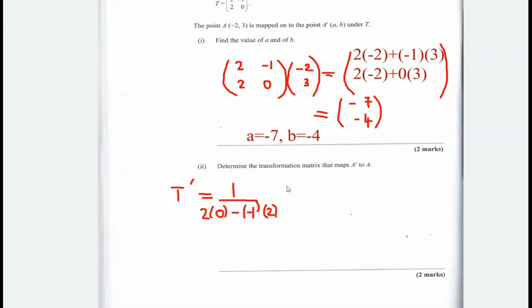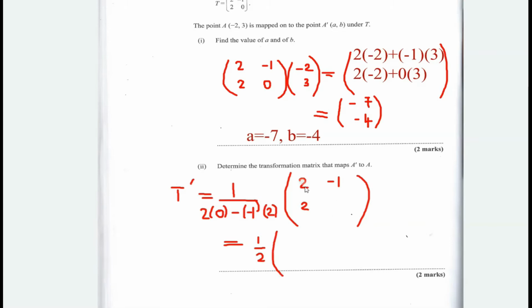And then this is going to be multiplied by the matrix, which should have been the adjoint, sorry.